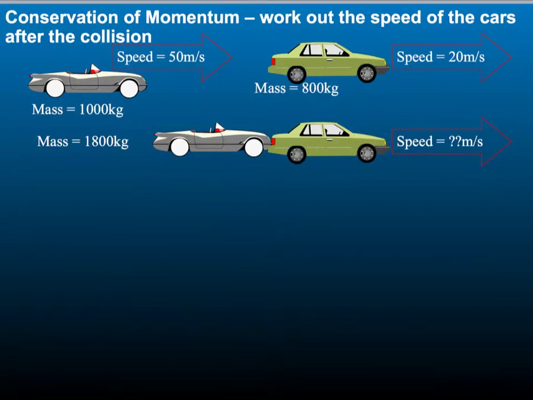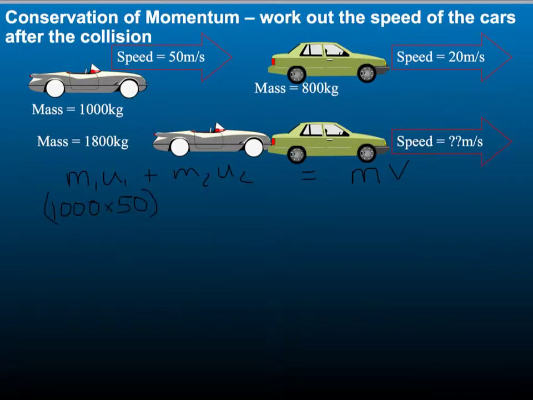In order to solve this, we need to write down the equation that we're going to use. We have m1u1 plus m2u2 equals the new mass times the velocity. Here we're not adding anything onto that because we've only got one object now. We'll start with the silver car as object 1. Its mass is 1000 and its initial velocity is 50.